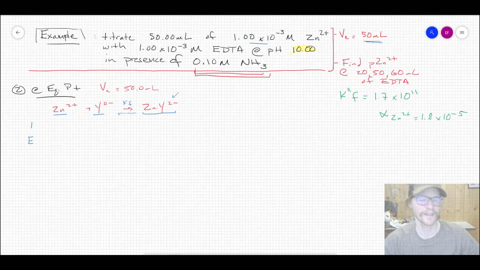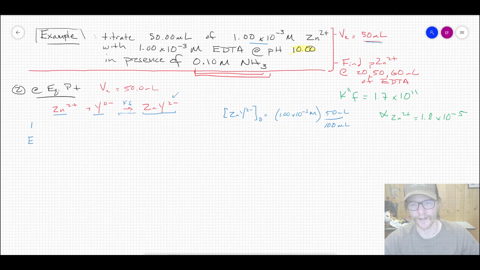As we did in previous EDTA titrations, the concentration is equal to whatever the formal concentration of the zinc was that we added to the system, which is the 1 millimolar coming from up here, except we've now added 50 mils to the original 50 mils. So to compute our ZnY2 minus naught, which is our formal concentration before it's allowed to proceed, that's going to be the 1.00 times 10 to the minus 3 molar times our original volume, which was 50 mils, divided by the 100 mils, which is the 50 plus 50.